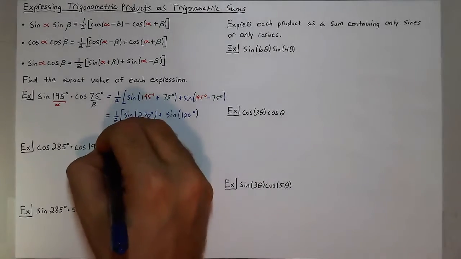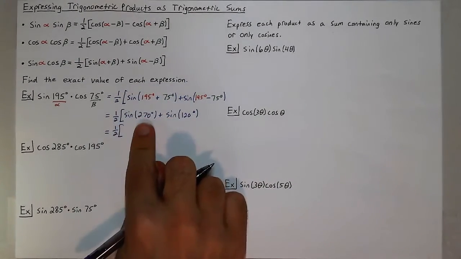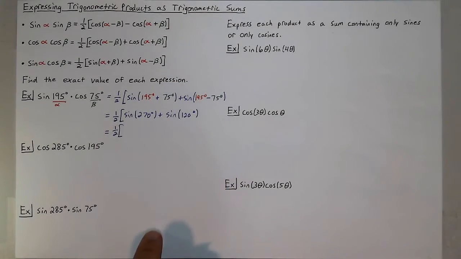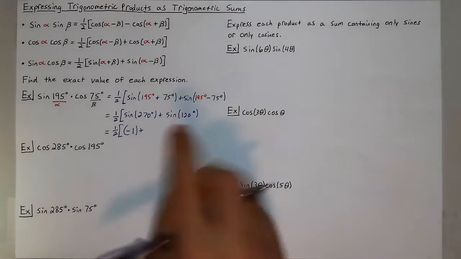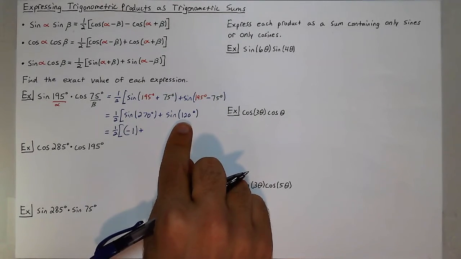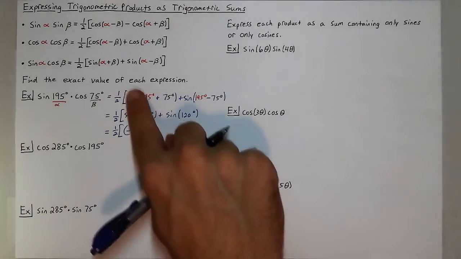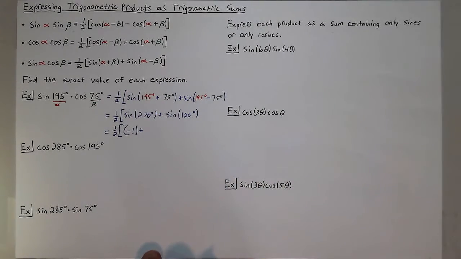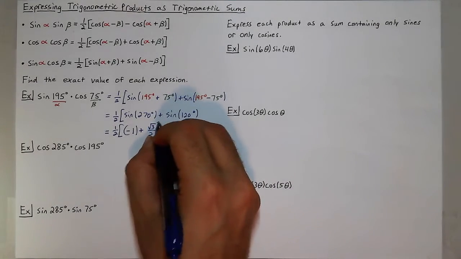So I find this value, and you find sine of 270, which is the very bottom point on the unit circle, which makes this equal to -1, plus the sine of 120 degrees, which appears in our second quadrant, but the uppermost angle in our second quadrant, which makes that equal to the square root of 3 over 2.